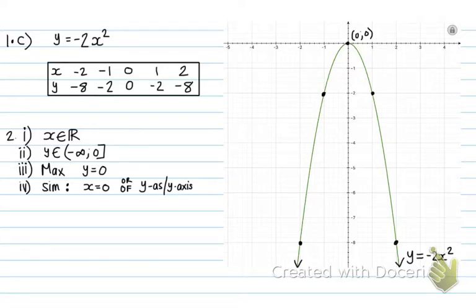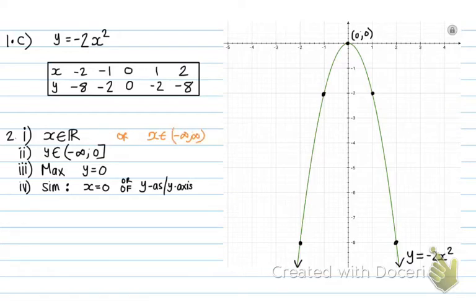I draw a smooth curve, write down the coordinate of the intercept, write down the equation, and also remember the arrows to show that it goes on forever. The domain is the same for all parabolas, and that's x is an element of real numbers. The other way to write it is x is an element from negative infinity to infinity.